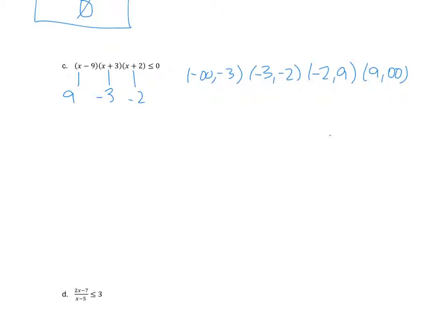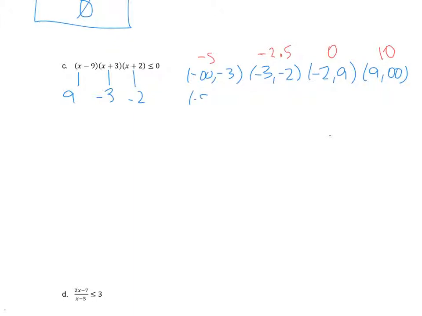So then again, you've got to go through and pick dummy numbers that represent those intervals and plug them in. So for this one, I'm going to choose -5. For this one, I'm going to choose -2.5. I'm going to choose 0 for that one, and 10 for the last one. So those are the numbers that I'm going to be plugging in.